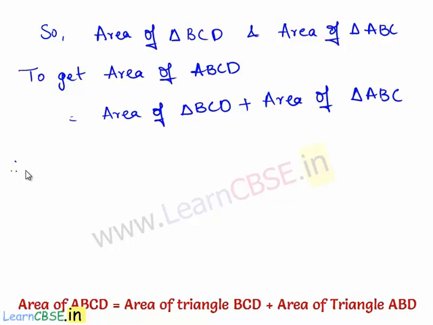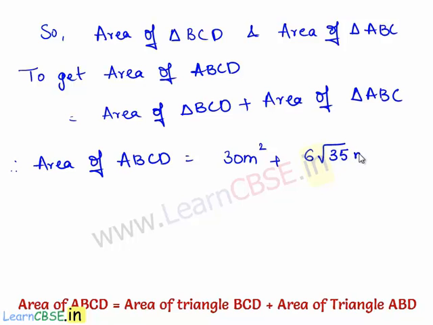So therefore area of quadrilateral ABCD is equal to area of triangle BCD, that is 30 meter square, plus area of triangle ABD, that is 6 root 35 meter square. So which is equal to 30 plus 6 times square root of 35, which is 5.91, which is equal to 65.46 meter square.